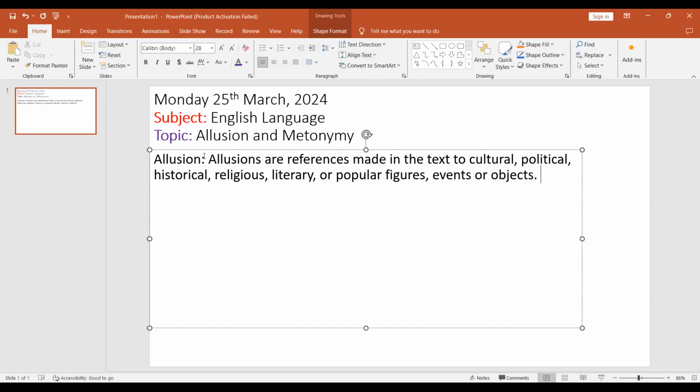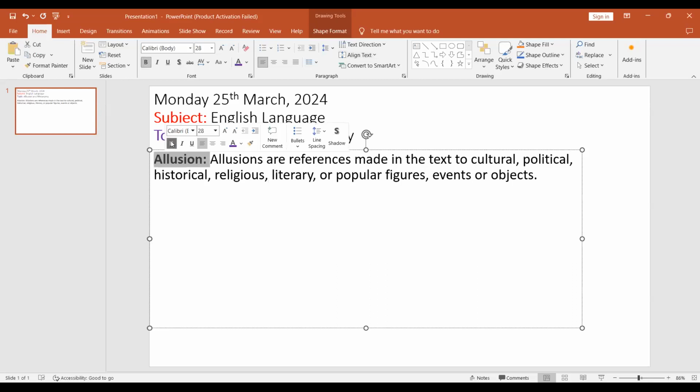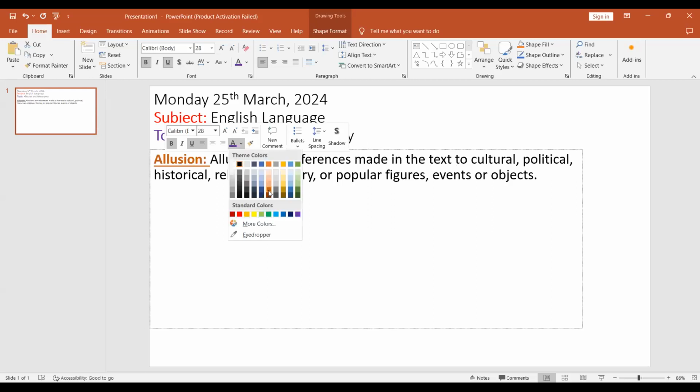That's what we mean by an allusion, okay? So an allusion is when I make a reference to a cultural, political, historical, religious, literary, popular figure, events, or objects. All right? So that's what we mean by allusion. Pretty long definition.